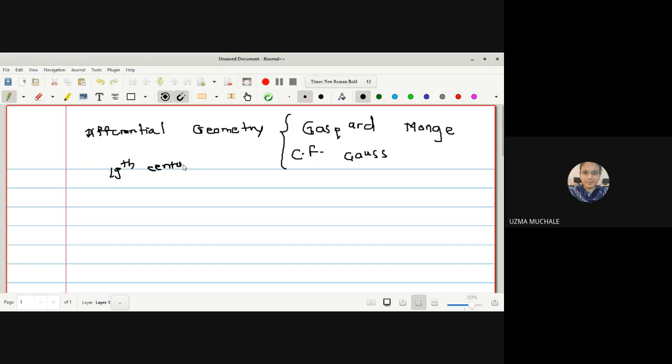In the beginning of the 19th century. So actually it is a branch of geometry in which the concepts of calculus are applied to curves, surfaces and geometric entities.